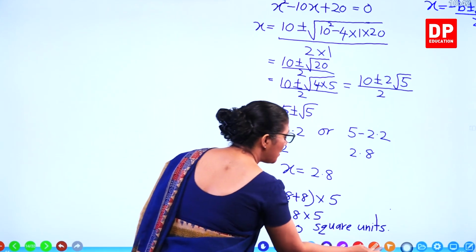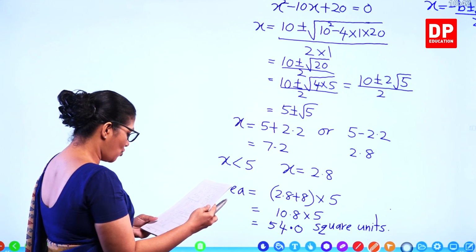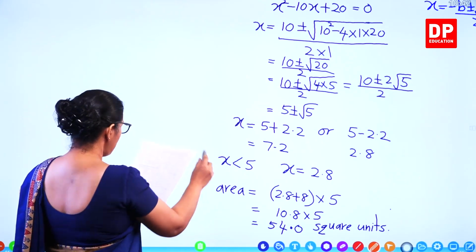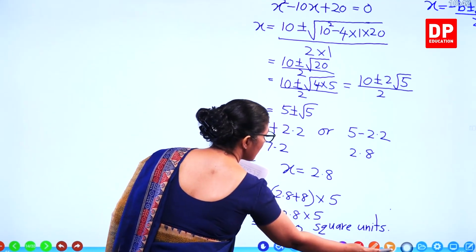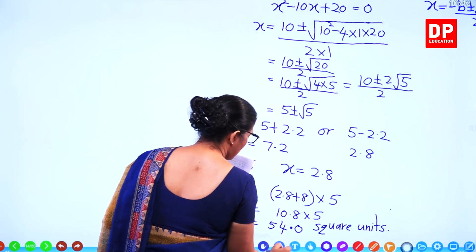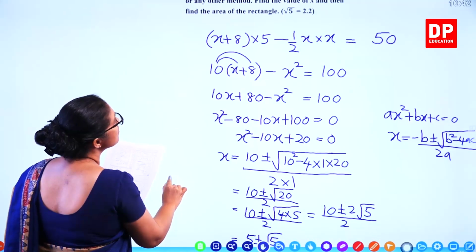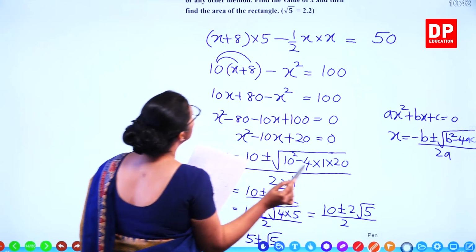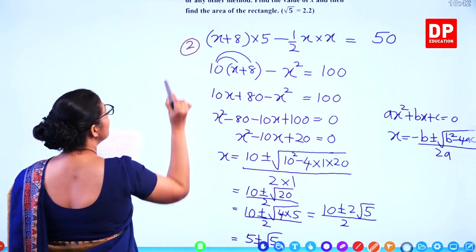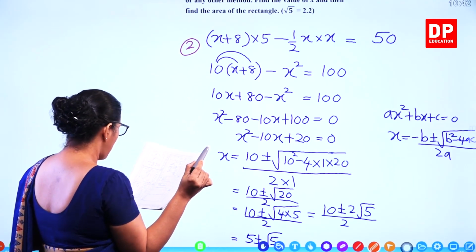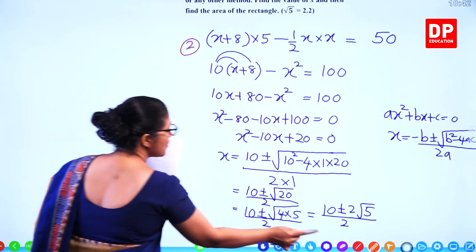So we'll see how many marks for this. So you are getting 2 marks for creating this equation and then 5 marks for solving this part.